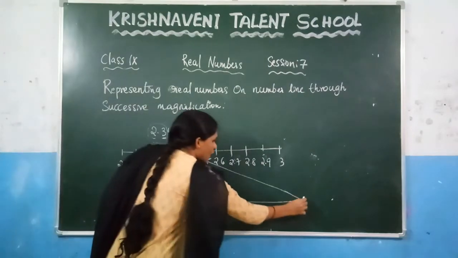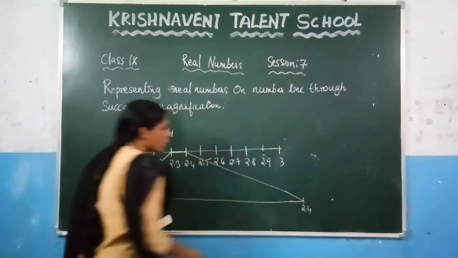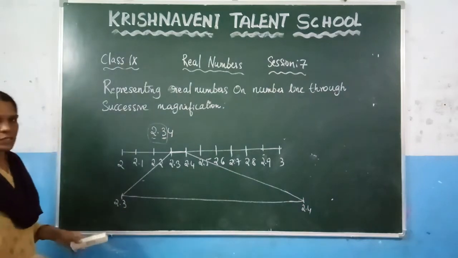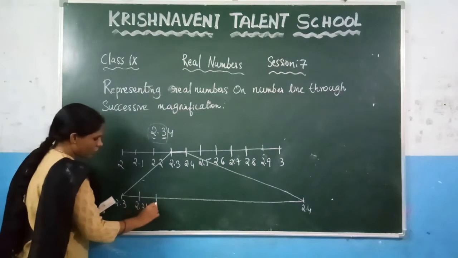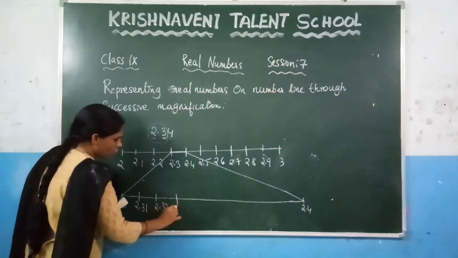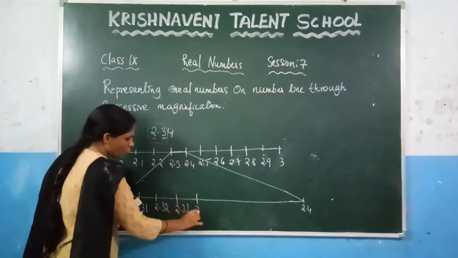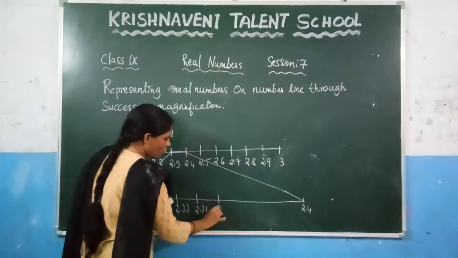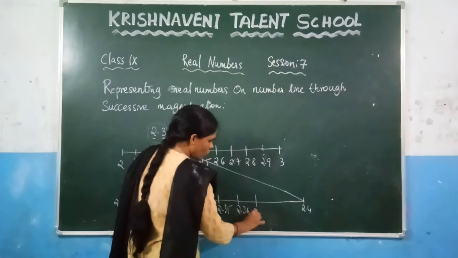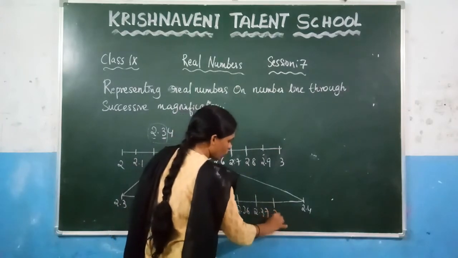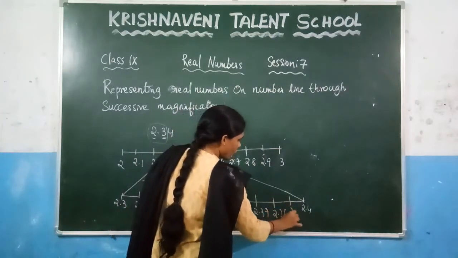And what is the last one? 2.4. In between, you have to write the numbers. So here it will be 2.31, 2.32, 2.33, 2.34, 2.35, 2.36, 2.37, 2.38, 2.39.